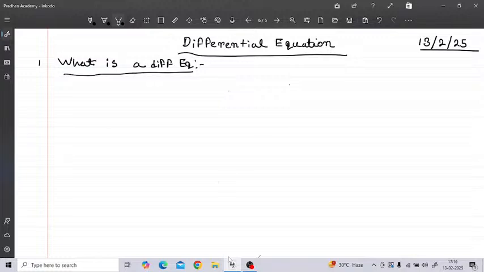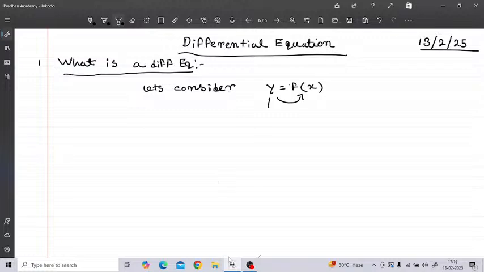Now, what is dependent variable? Let's consider a function, say y equals f(x). Okay, so in this function, this y is represented in the form of x.